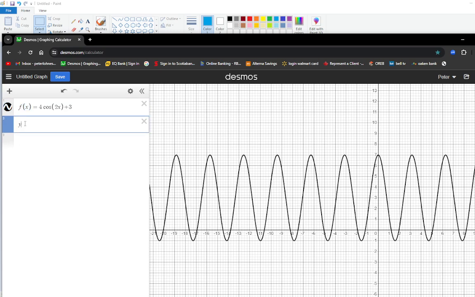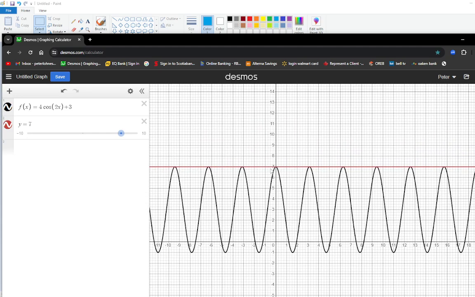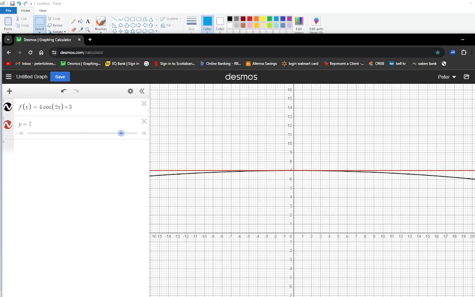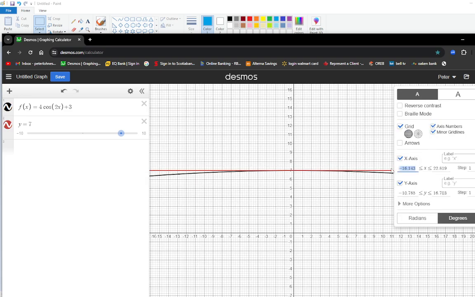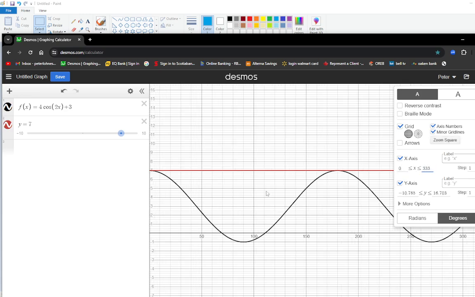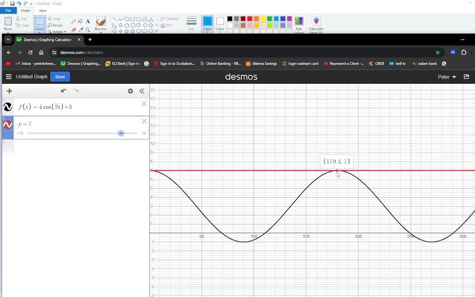So we do that, and we put it here. Oh, actually, I got to put this in degrees. That's the other problem. There we go. And now I got to make it more visible. There we go. Quite clear that 7 is the max.